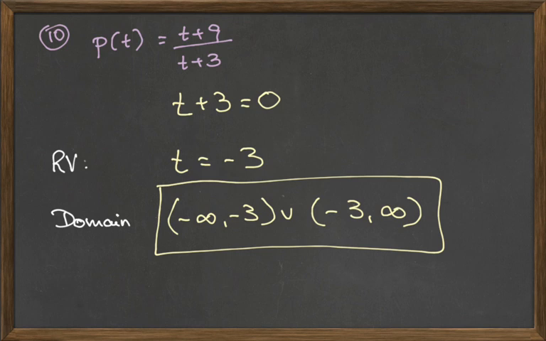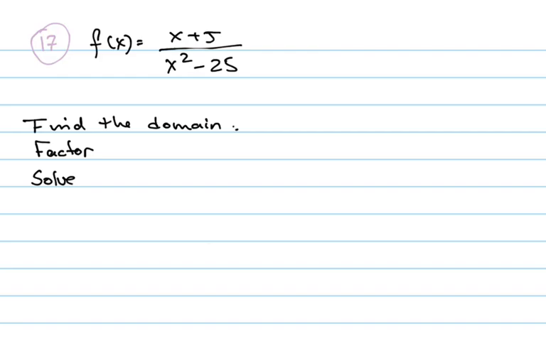Now don't forget that until next week, or whenever we have a test. Okay, now here comes, I keep talking about it, what happens if we have more than one RV? Number 17, the denominator is x squared minus 25, and you're going to have to set that equal to 0.